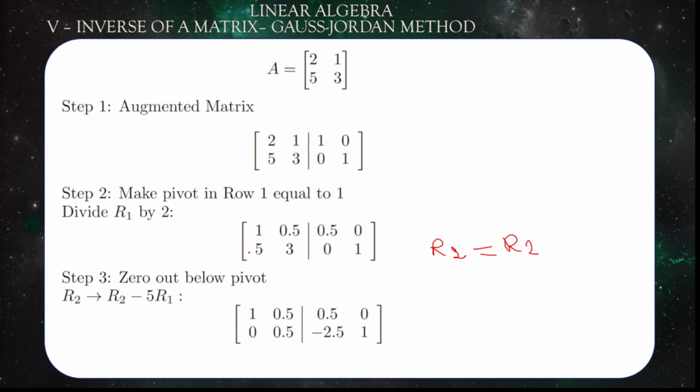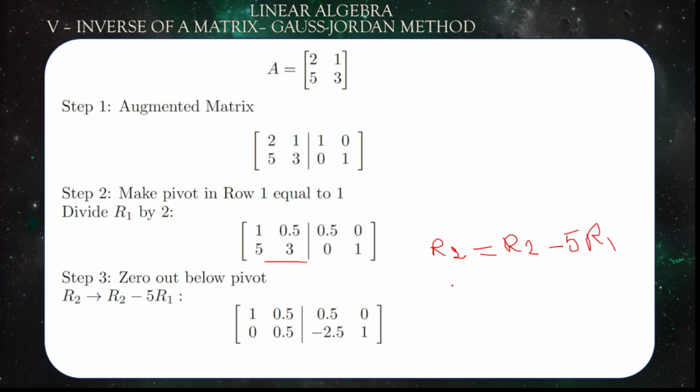How do we eliminate 5? We multiply the first row by 5, so this element becomes minus 5, and we add them together so that this becomes 0. So R2, the second row, is equal to R2 minus 5 R1.